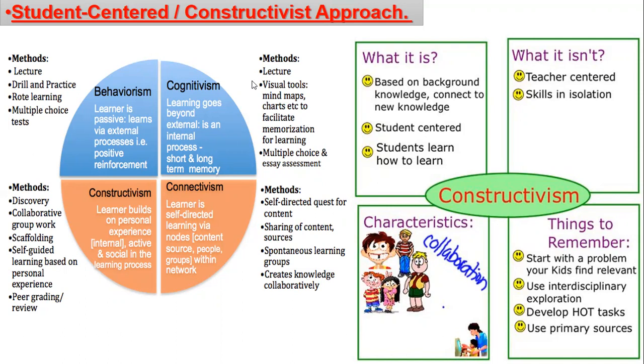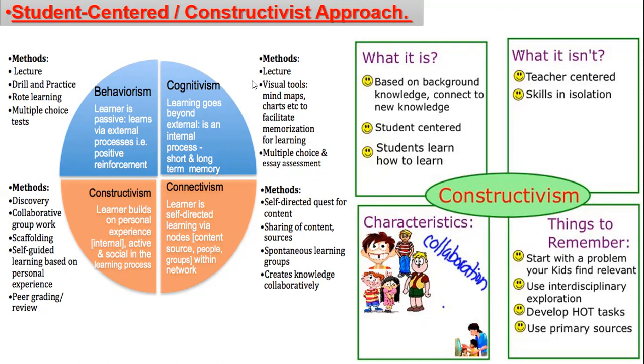Behaviorists: a learner is passive, learns via external process, positive reinforcement. Cognitivist: learning goes beyond external, is an internal process, short and long-term memory.